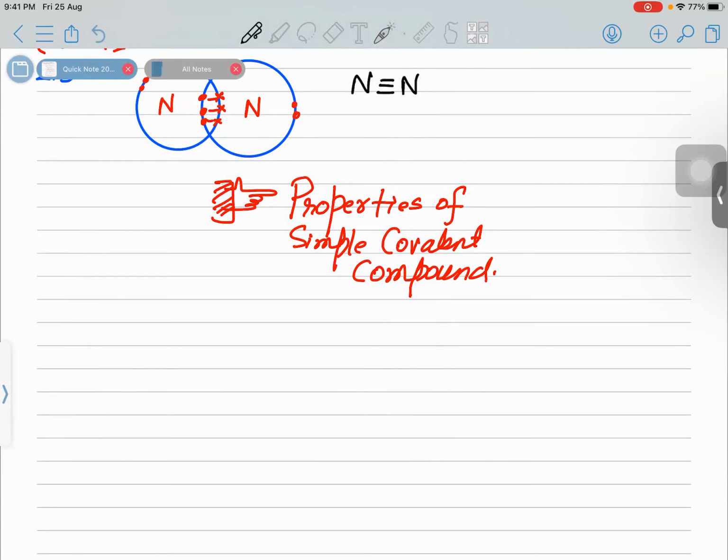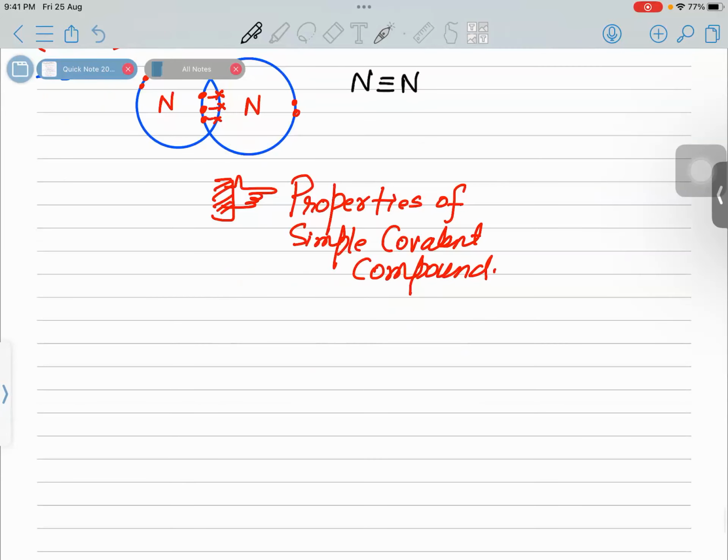Gas. Yes, you know that they are made up of non-metals, so they are often liquid or gas at room temperature.